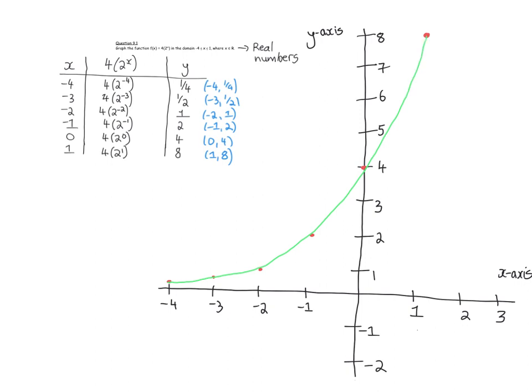And that is the function complete. You can then write that this is f of x equal to 4 times 2 to the power of x. And that's this question complete.